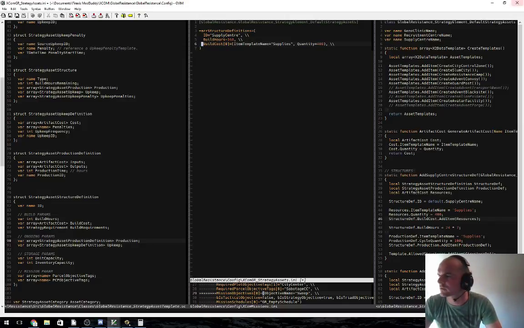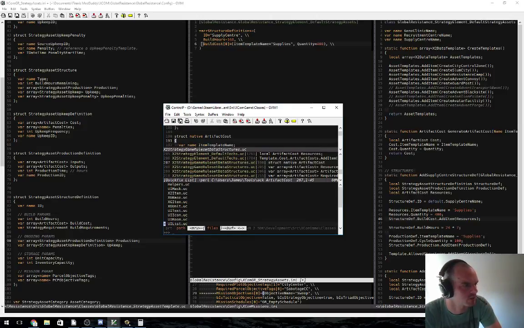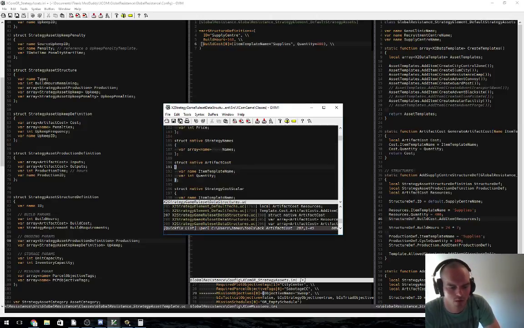Might just have a look at the structure of strategy requirement because we might be out of luck in terms of defining it in the config, but we'll see. Strategy requirement. If it's a struct, then we should be good to go.